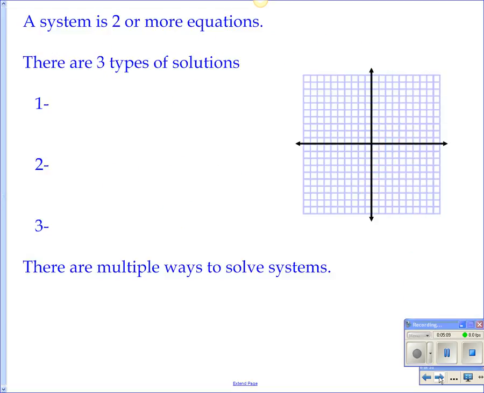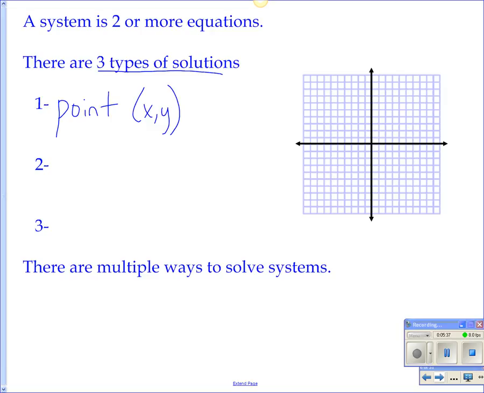So to wrap up, there are 3 types of solutions. What was the first solution we got on number 1? 3, 1. So that's a point. You could have a point for your solution.